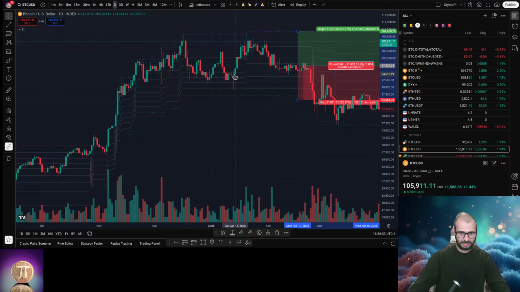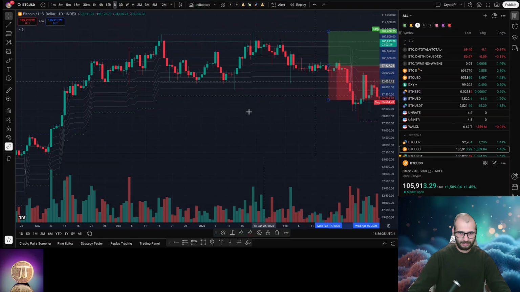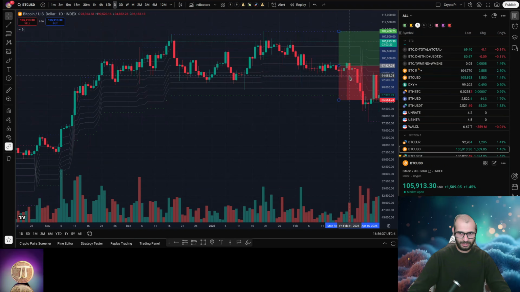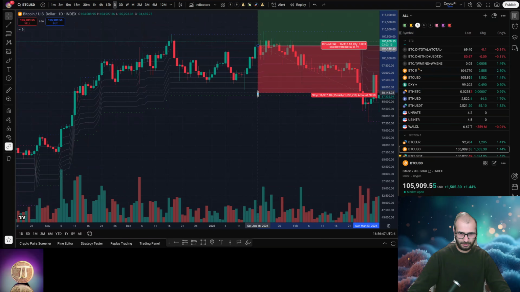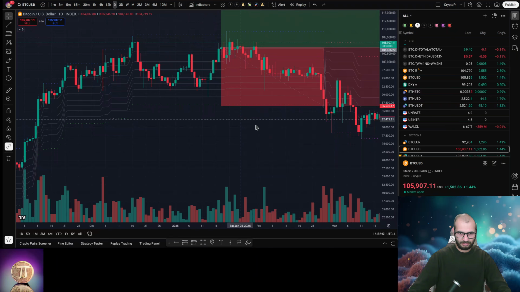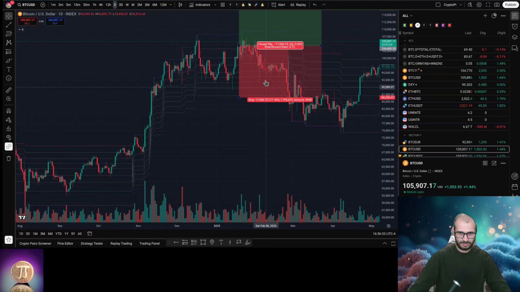Let's say the trading strategy tells us to take a long position at this candle close. So we would enter here and I would set my stop loss below this green band. Below this green band means my stop loss is at 17.18% away from my entry point.